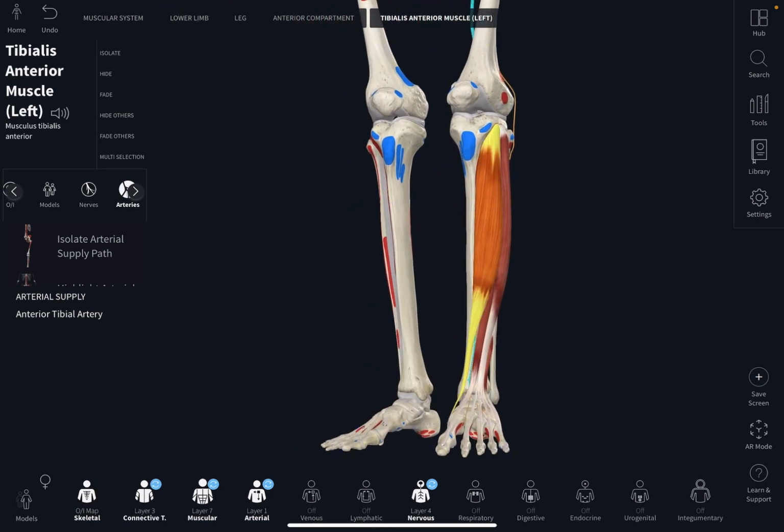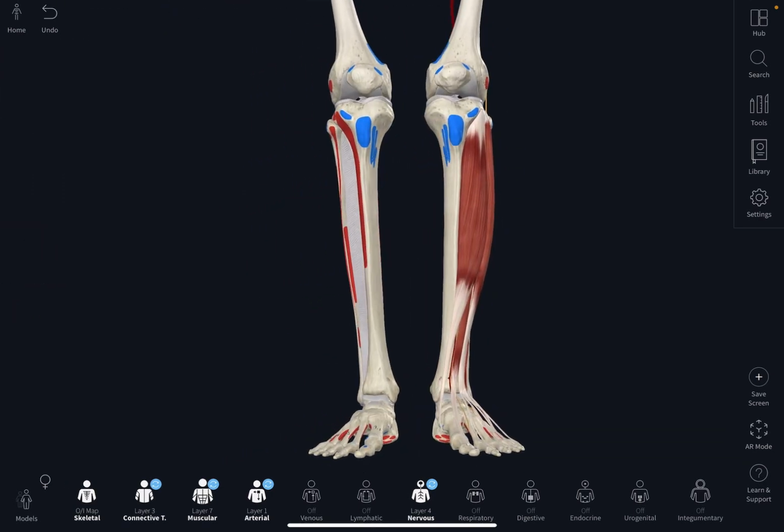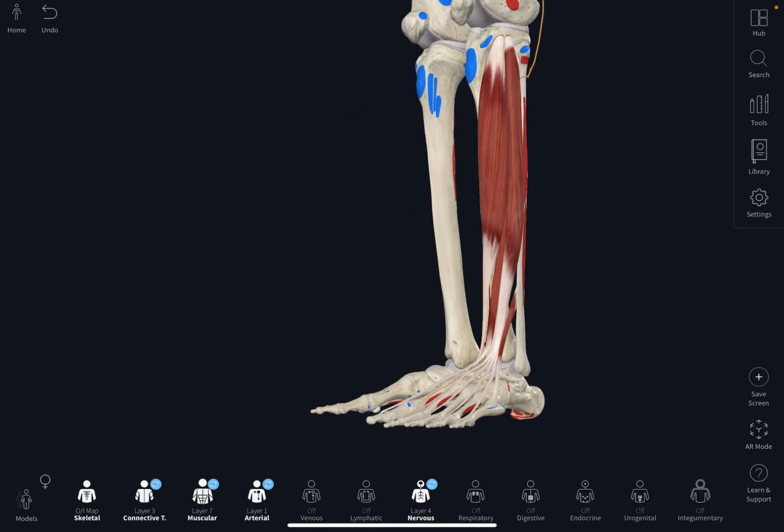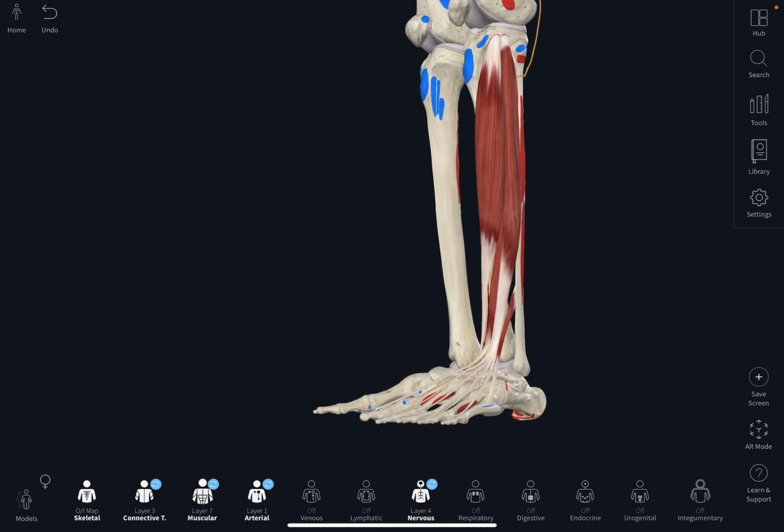So the role that the anterior compartment has in gait or our walk cycle is that dorsiflexion keeps the toe up during our swing phase. And tibialis anterior eccentrically controls foot lowering.